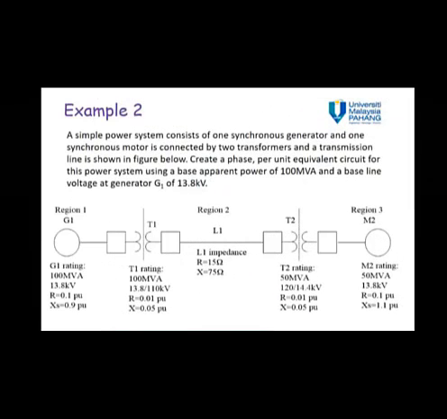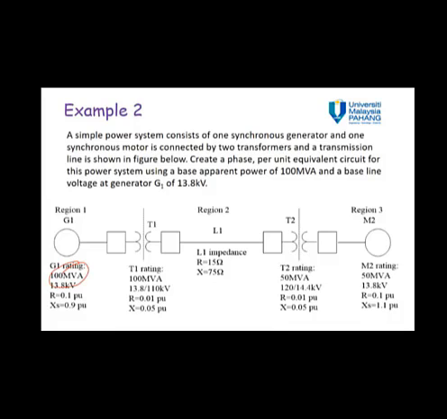The power system consists of one synchronous generator and one synchronous motor. This data is available on the generator nameplate. All these parameters are referred to this value.